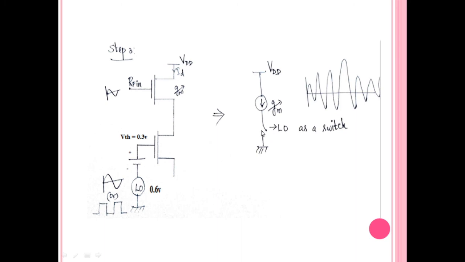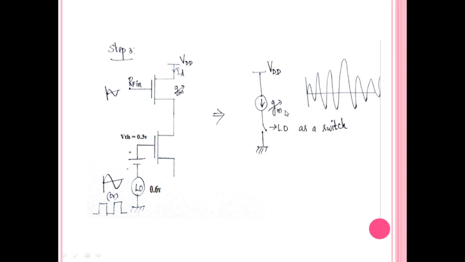If the switch is closed, you are conveying that LO information with the modulated transconductance value. That means you are going to mix that LO information with the RF information. So like that, when I make the switch on and off, I can convey this LO information with the transconductance value in a different way.